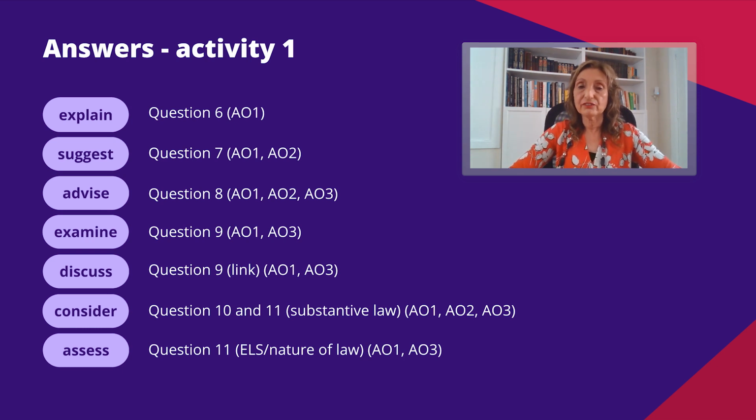Question 9 assesses AO1 skills of knowledge and then leads on to AO3 skills of analysis and evaluation of a concept from the nature of law or a theory of substantive law, for example, theory of criminal law for paper 1. This is shown by the command word examine.